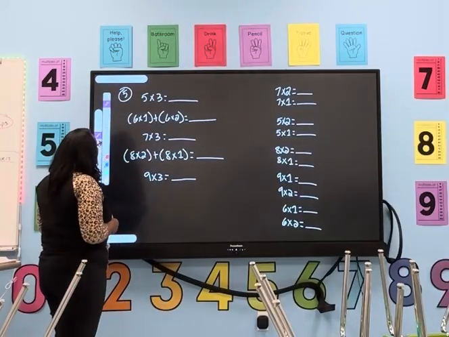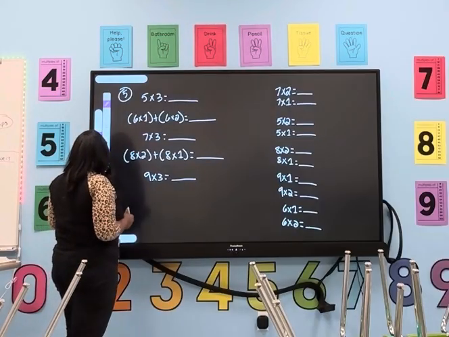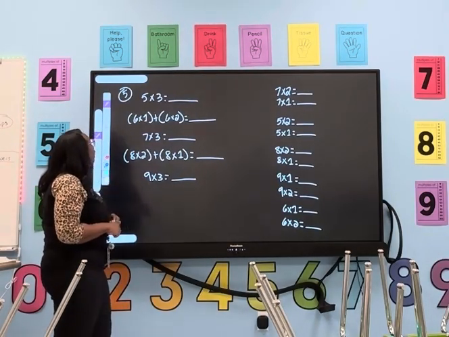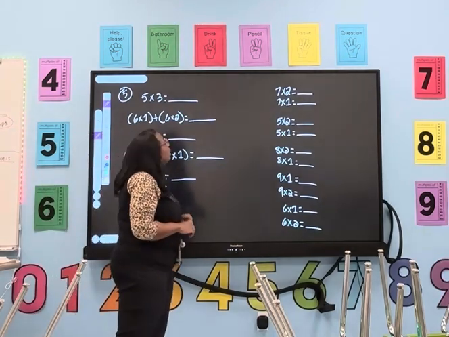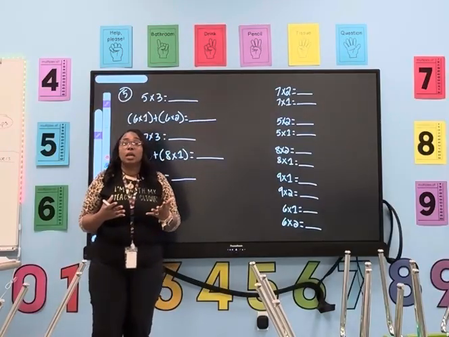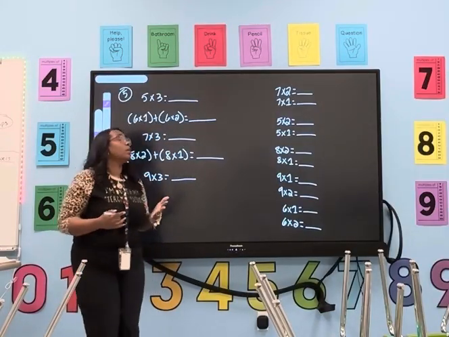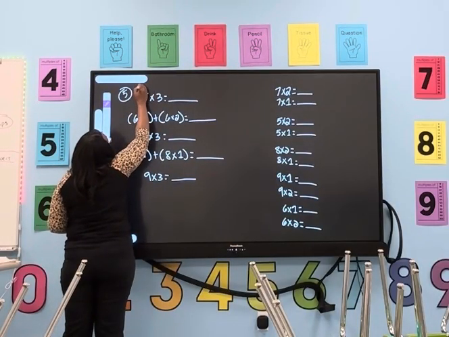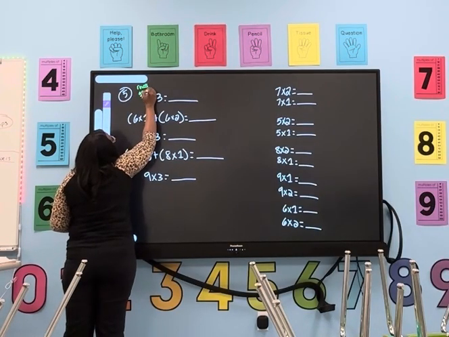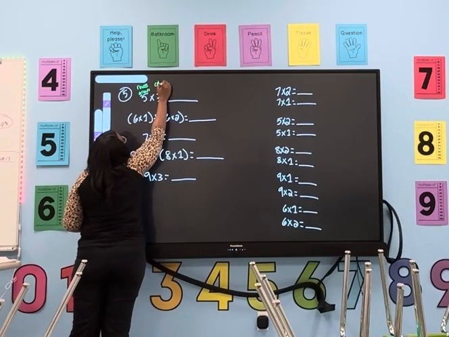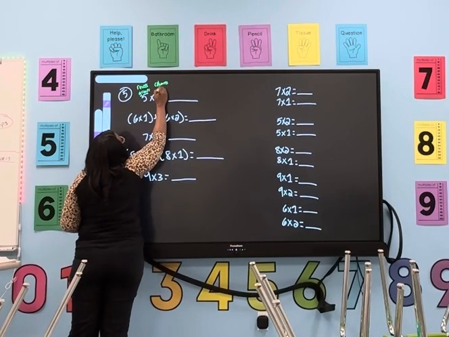So if I look at 5 times 3, we can do our skip counting, and we can figure out what is 5 times 3. What I like to tell the kids, you can skip count by 3 until you get to, because remember, the first number is going to be the rows are group, and the second number is the columns are size.